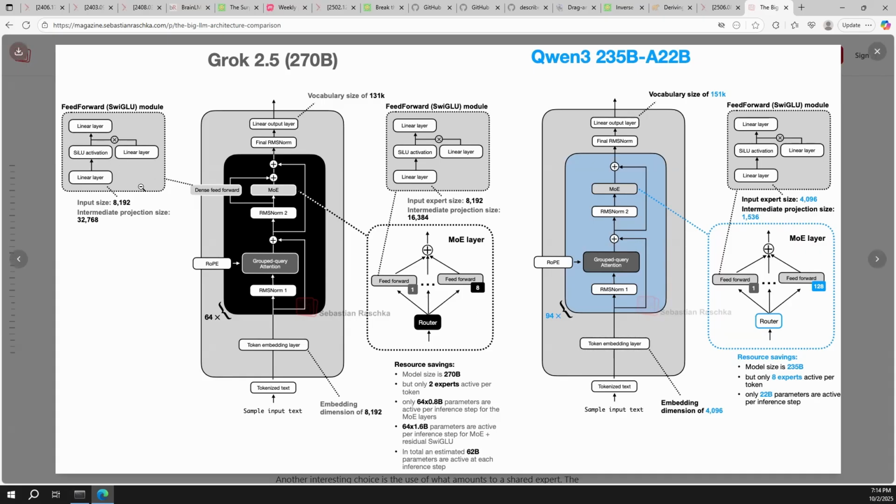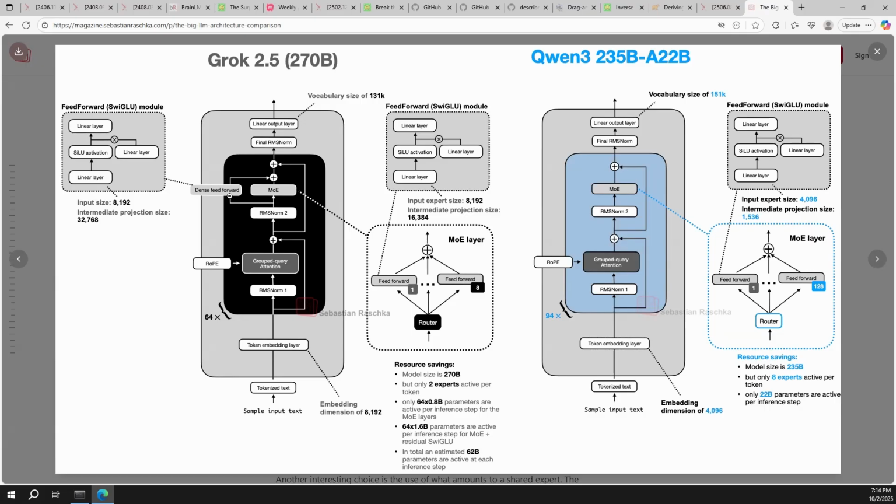But this dense thing is slightly different sized than just this shared expert here. So it is a little different. But fundamentally, it acts like a beefier shared expert, I guess.